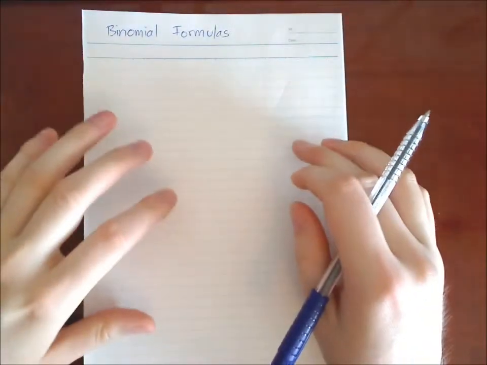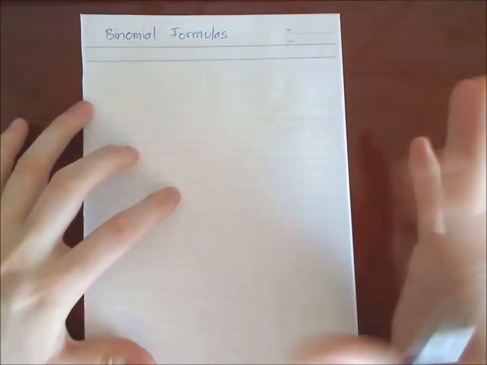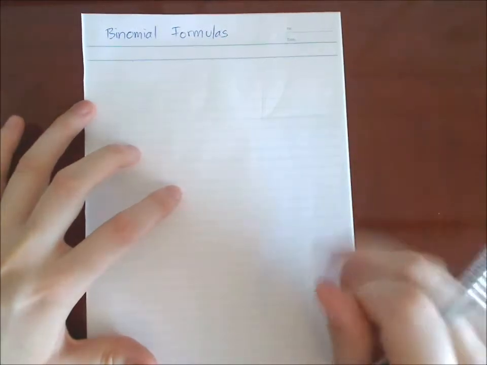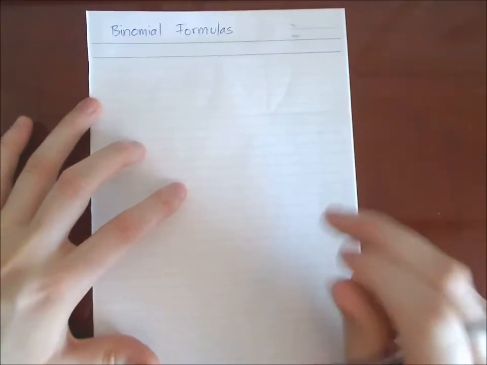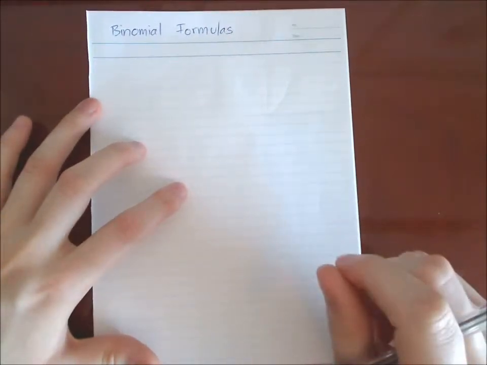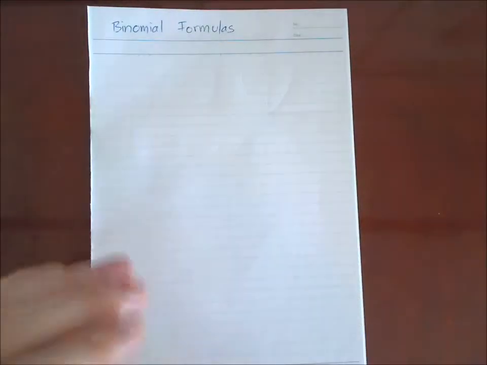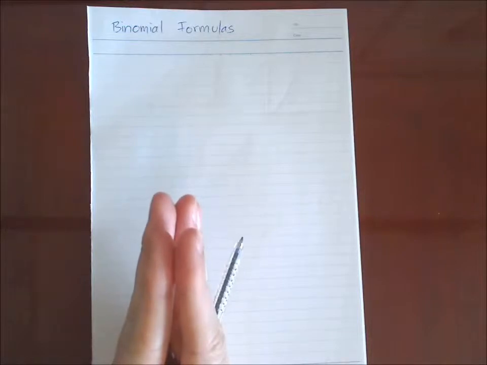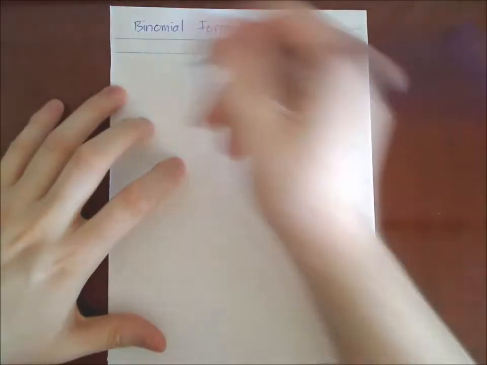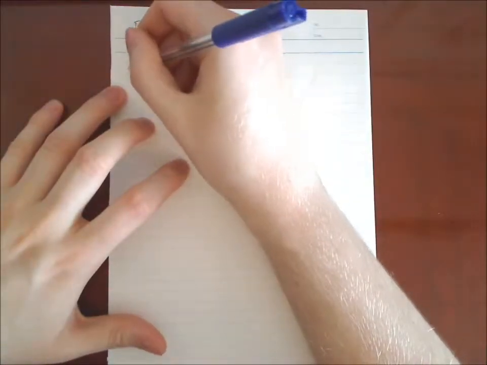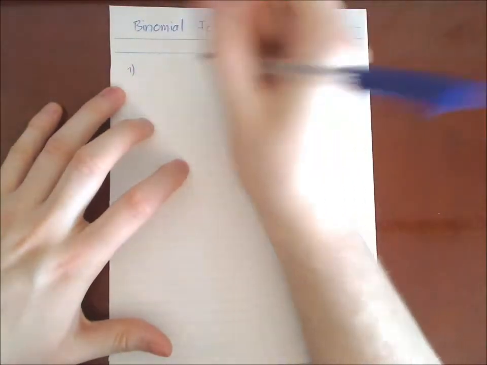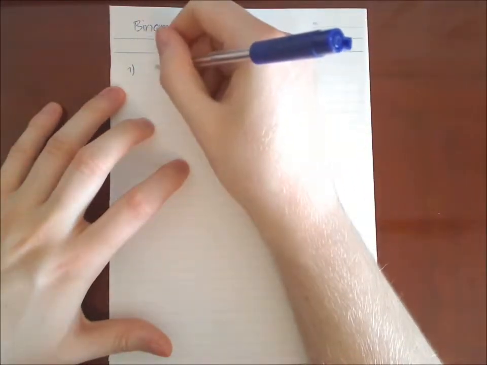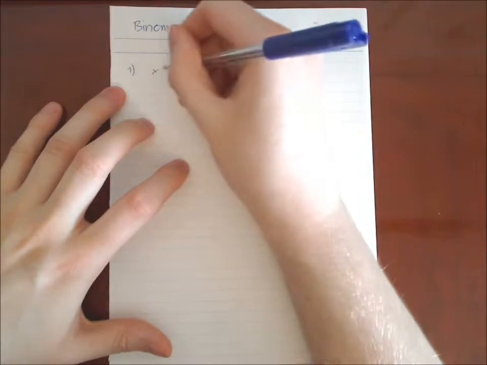What are the binomial formulas? The binomial formulas are 2 or 3, depends on how you see it, formulas with which you can solve a certain type of exercises very easily. So let's just write down the formulas and then I'll explain how it works. Binomial formula 1 works like this.